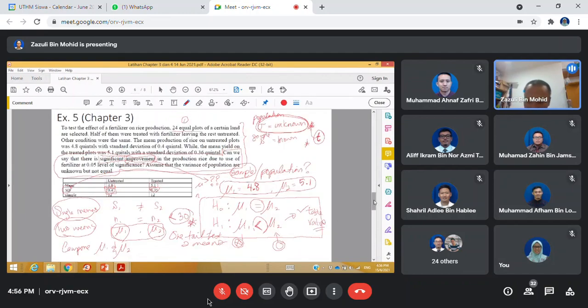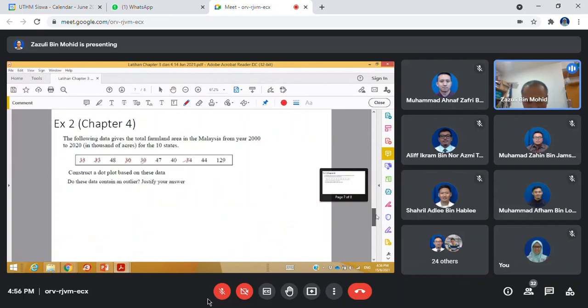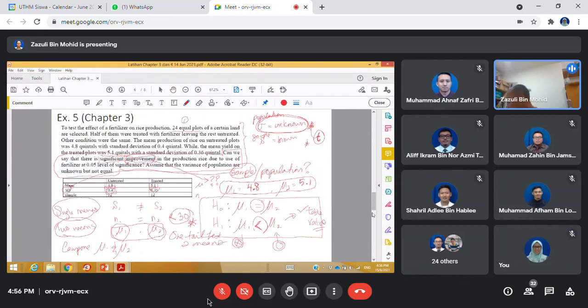So, seterusnya adalah soalan seperti yang dalam buku, dalam soalan kertas exam. The next question is just like in the exam paper. But once again, we come back to the question from test 2.